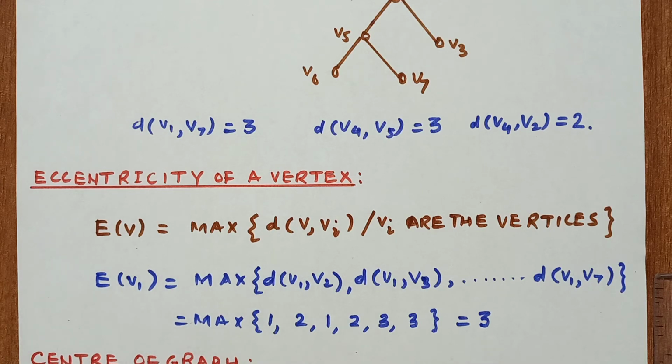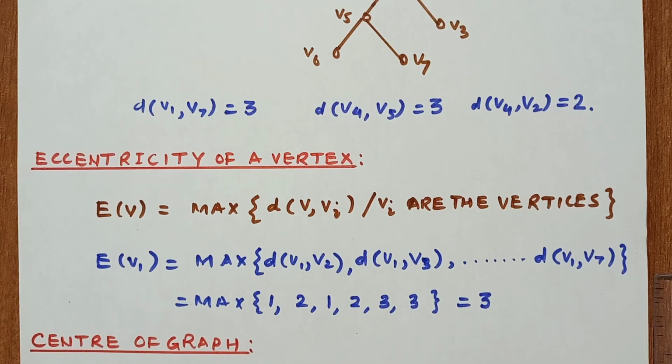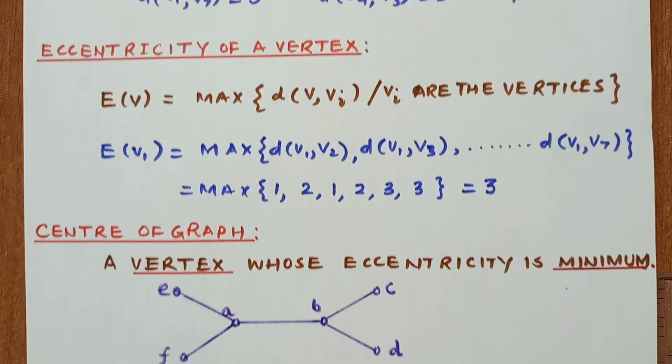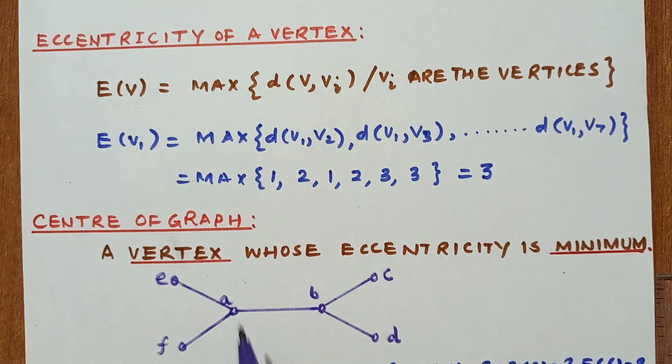Now, center of a graph. The center is a vertex whose eccentricity is minimum. For example, this is a tree. What is the center? First we calculate the eccentricity of each vertex.